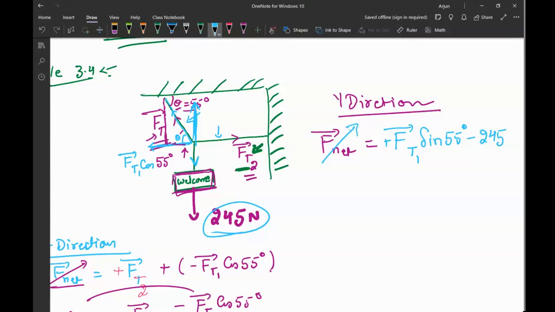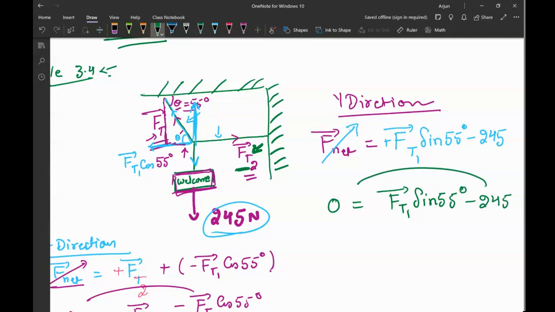And the net force, because this sign is not moving in any direction, is equal to 0, equal to Ft1 sine of 55 minus 245. This is going to go on the other side: 245 equal to Ft1 sine of 55 degrees.